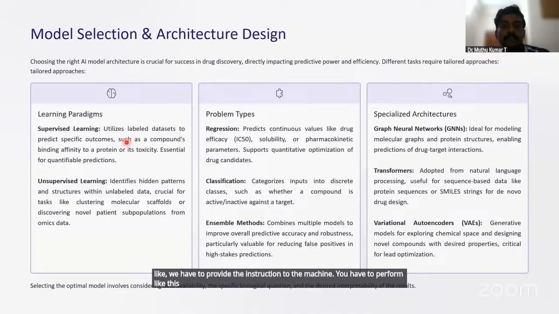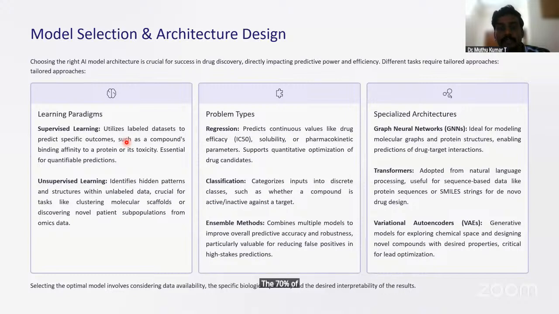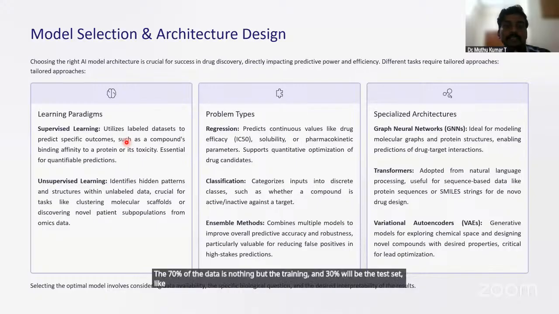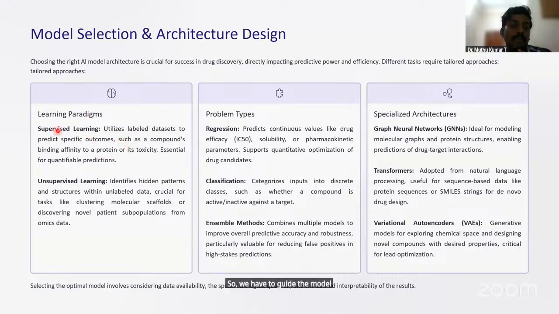So let's say if we have 1,000 data points, we define 70% of the data as training and 30% as the test set. It is like evaluating the model on the dataset itself. So we have to guide the model to perform, and that comes under supervised machine learning models.